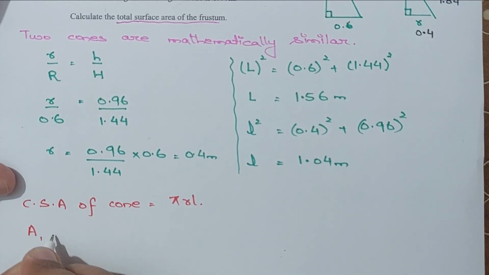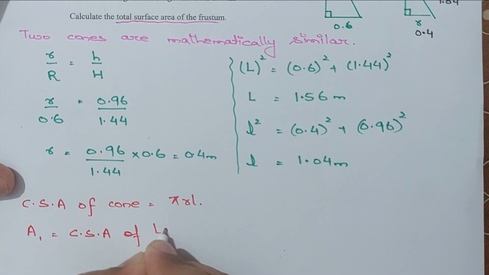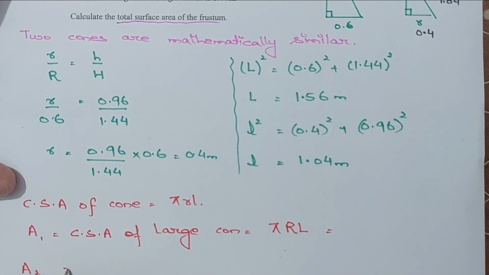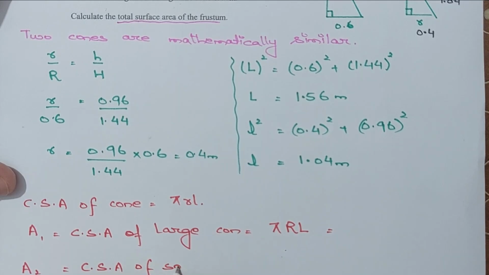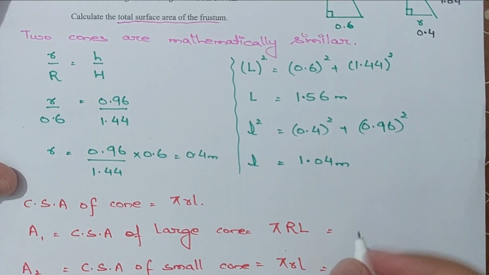Now for area one, we can say curved surface area of the larger cone. This is pi r l. And for area two, curved surface area of the small cone. This is pi r l.